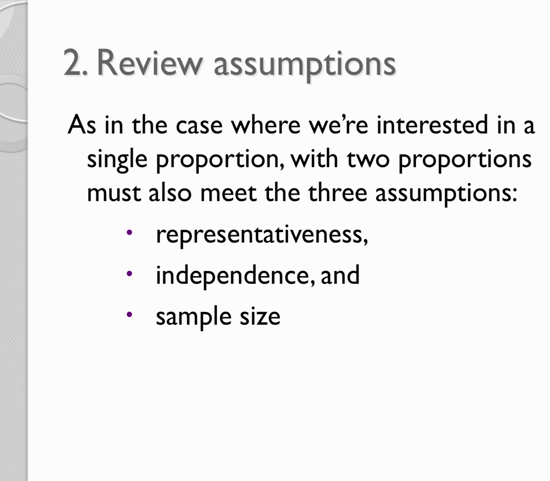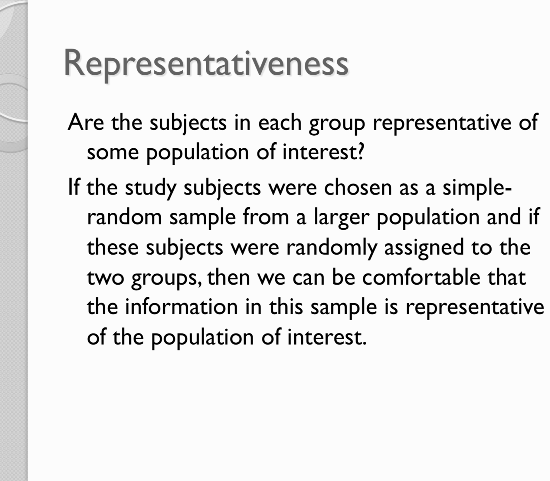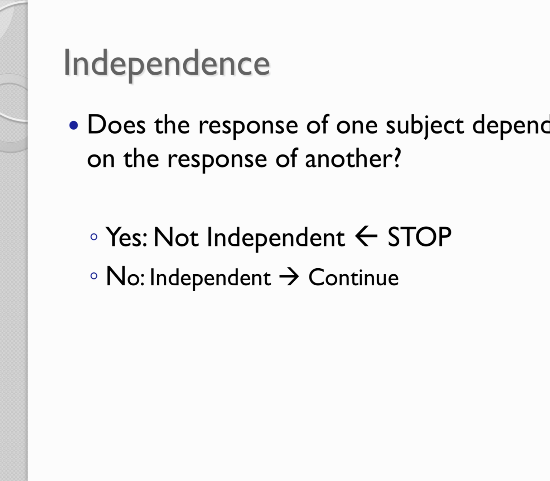Now we need to review the assumptions. It's the same assumptions as we had before: representativeness, independence, and sample size. Are the subjects in each group representative of the population of interest? We have already covered this. We know it's a random sample and they were randomly assigned to the two groups, so we're okay on representativeness. Independence. Does the response of one subject depend on the response of another?